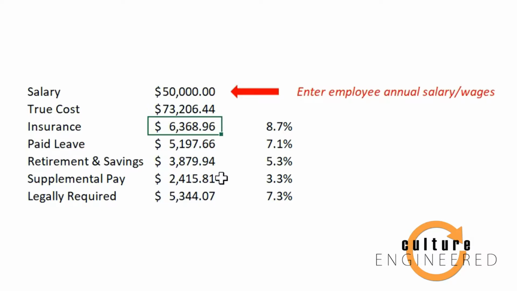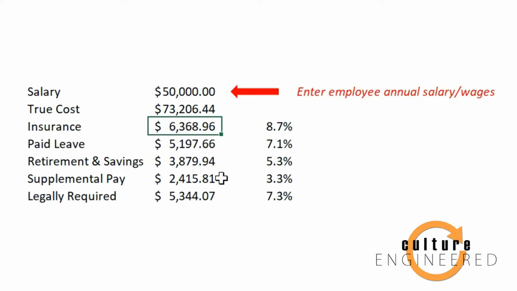Breaking it down, insurance would be 8.7% and paid leave 7.1%. Retirement and savings 5.3%, and supplemental pay 3.3%. So if I am trying to figure out, okay, average salary for my company is $50,000, how much should I be paying per employee for insurance each year if I want to stay within the average?